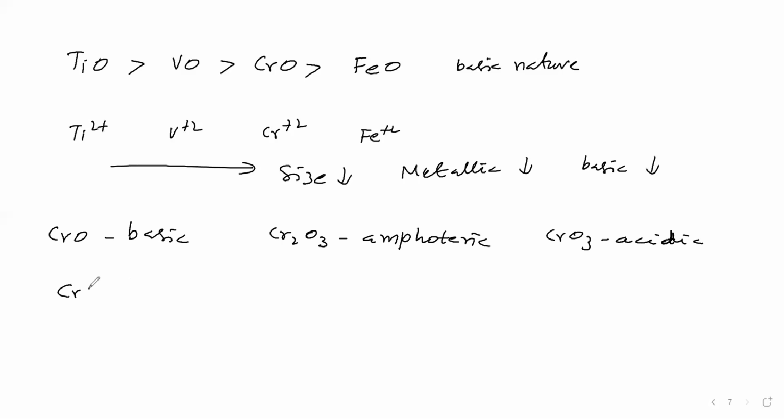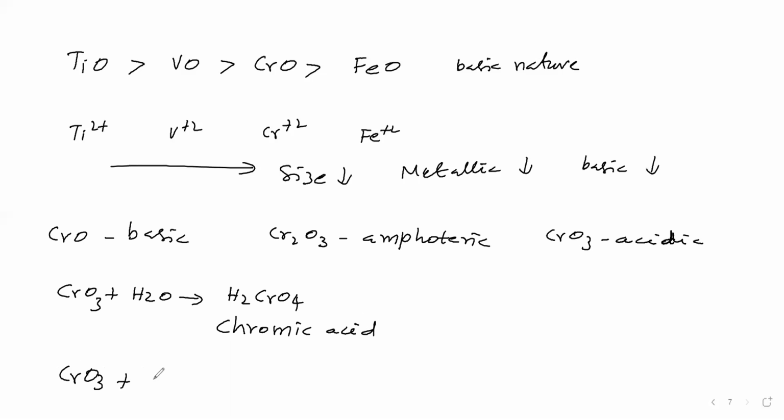Now, CrO3 with water gives H2CrO4, which is called chromic acid. So CrO3 with water gives chromic acid, therefore we can say it is an acidic oxide.